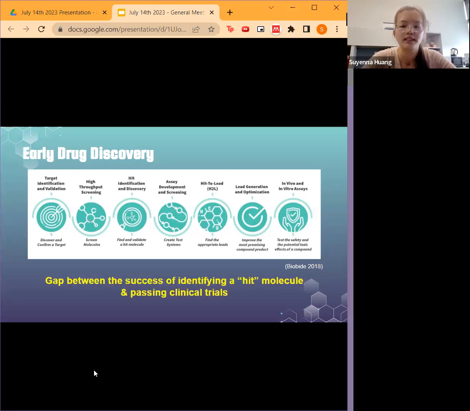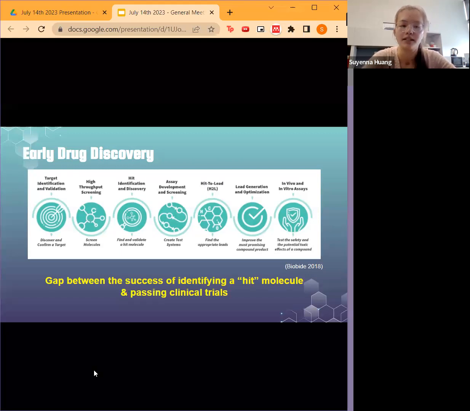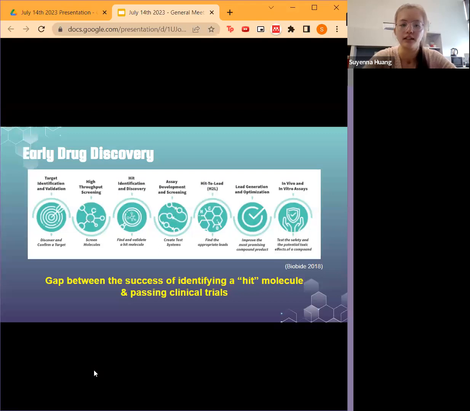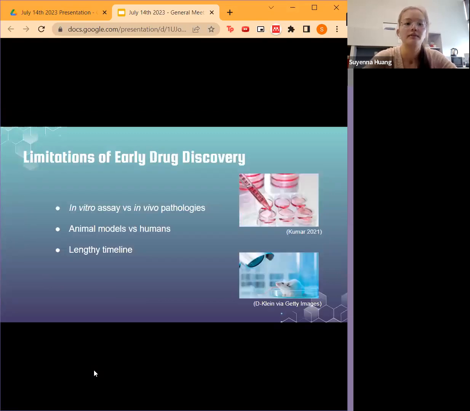However, even with meticulous and careful work, there is still a large gap between the success of identifying the compound and also for this compound to successfully pass all 4 phases of the clinical trials. So some of these limitations of the early drug discovery process includes a discrepancy that can exist between your in vitro assays and also the complexity of the pathology in vivo.